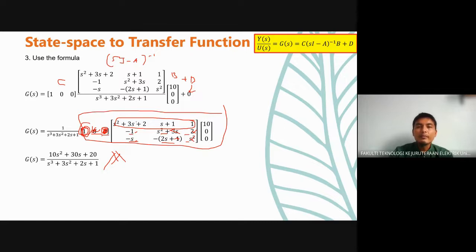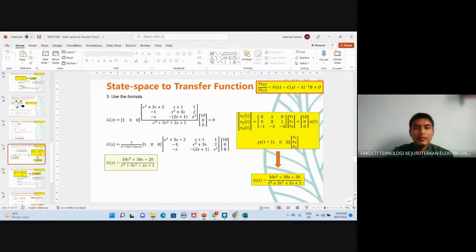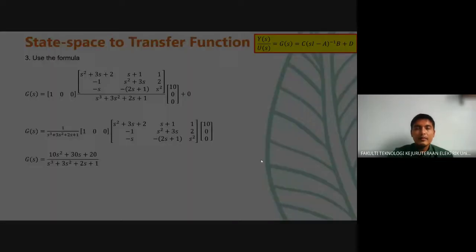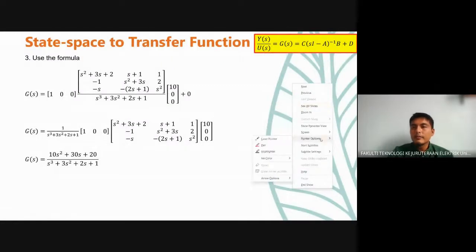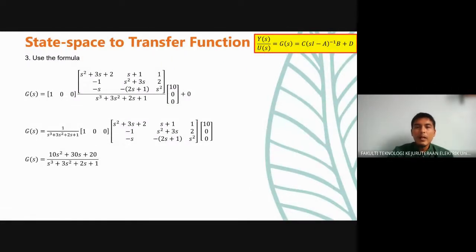So finally, this part multiplied with this, multiplied with this, multiplied with this. This part multiplied with this, and second, third. So you can see that here everything is zero.